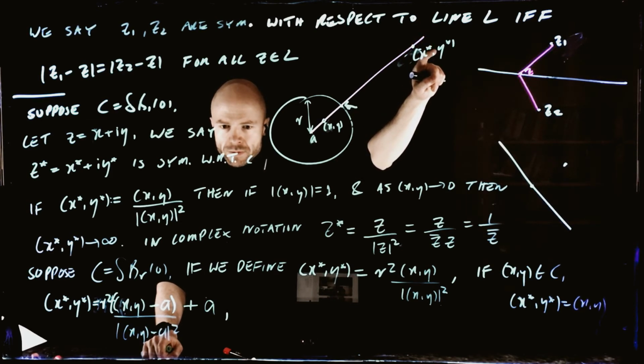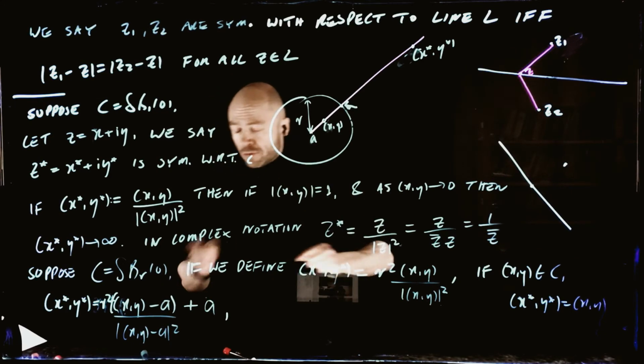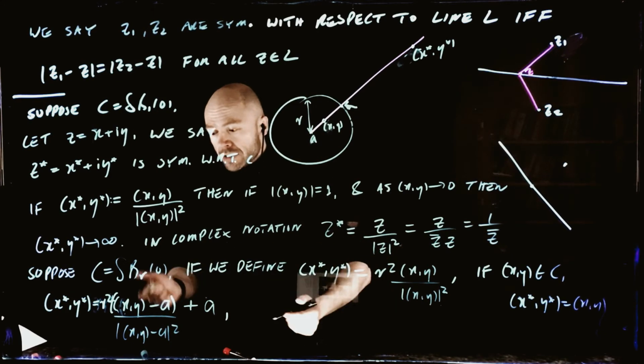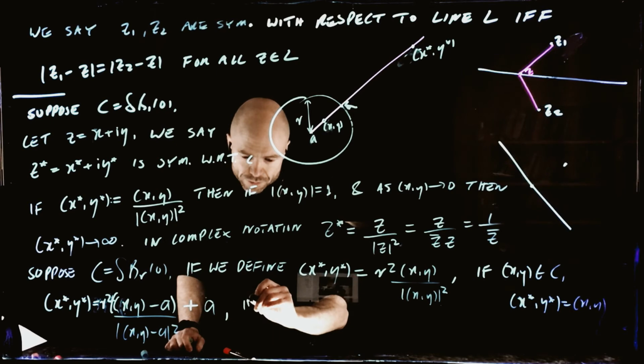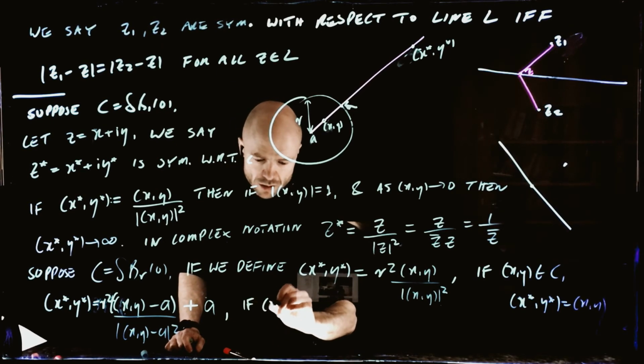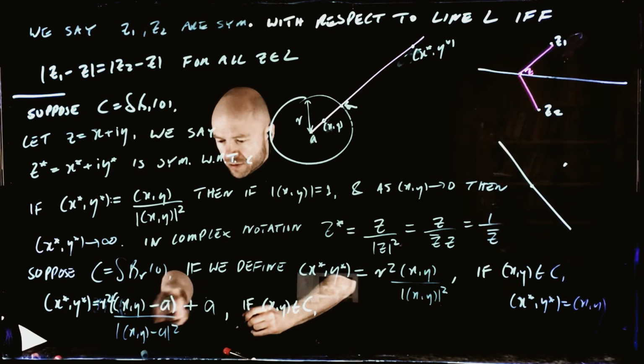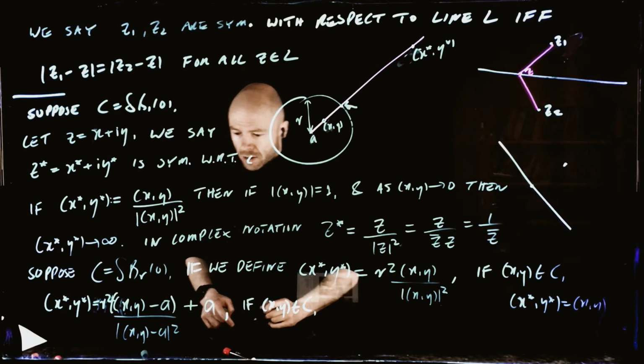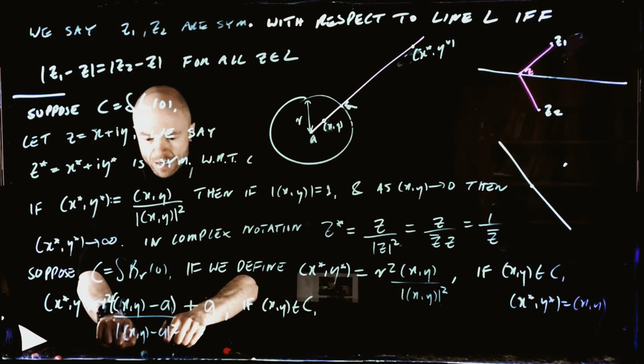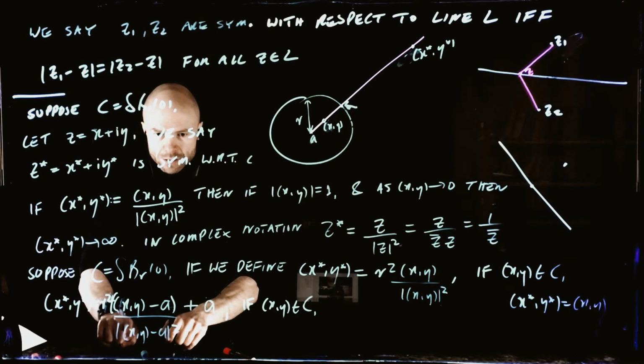And we need to check that if we're on the surface, then we just get back the point itself. So if x comma y is on the circle, then what happens to this thing? Well, on the bottom, we're going to have exactly r squared. So that r squared will cancel with this r squared.